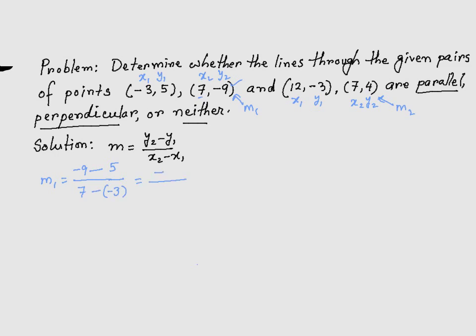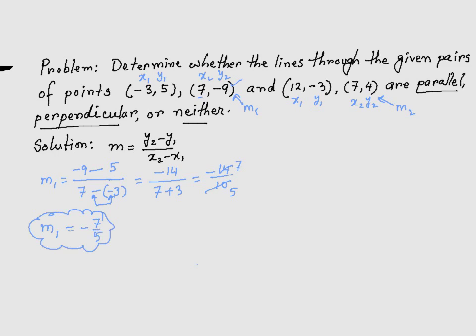In the numerator, I get -9 minus 5 is -14, divided by 7 plus 3, because these negatives are going to make it positive when multiplied. And that's going to give me -14 over 10. 2 goes into 10 5 times, 2 goes into 14 7 times. So my m1 is equal to -7 over 5. So that's my slope of the first line.